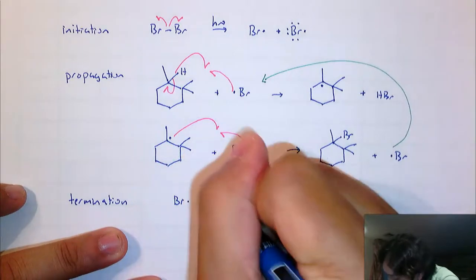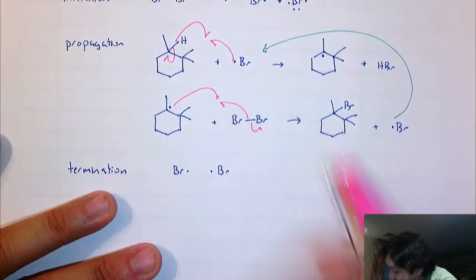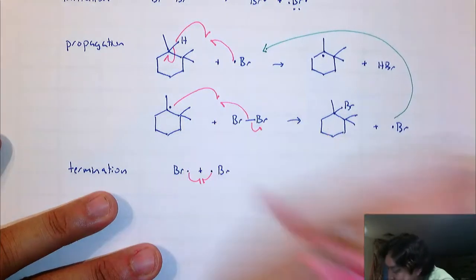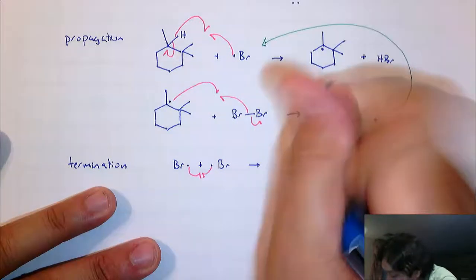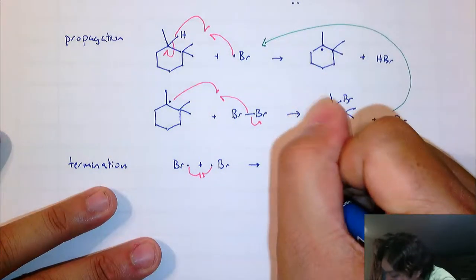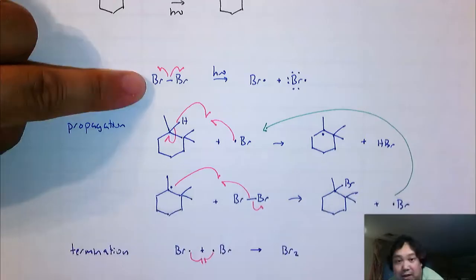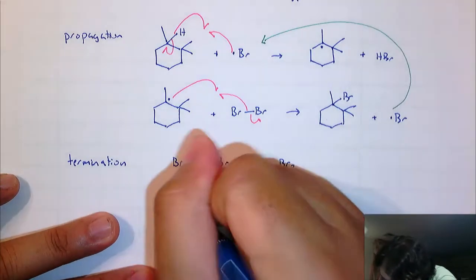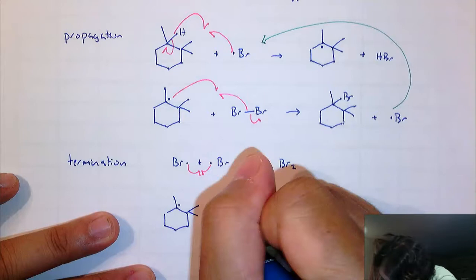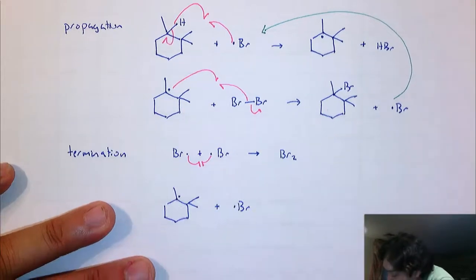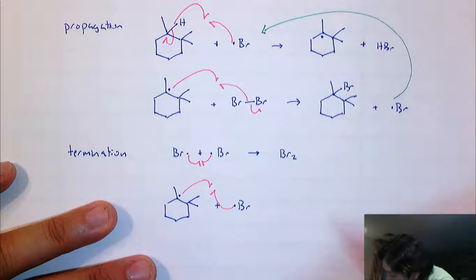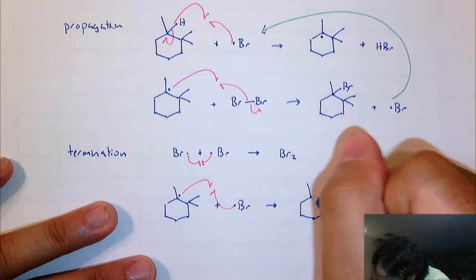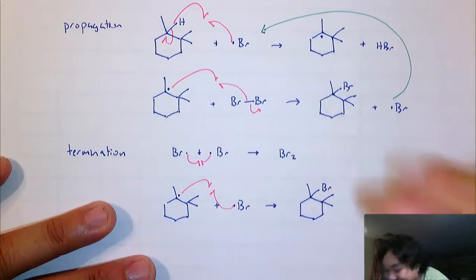Like for instance, the combination of these two radicals. So termination is between two radicals. This is not bad because we could always hit it with another pulse of light to start at the beginning again. And also this is not bad. It's not bad, it's just long to keep drawing these termination steps.